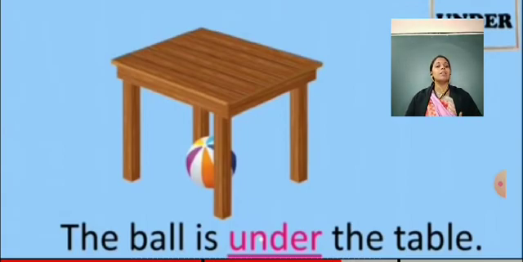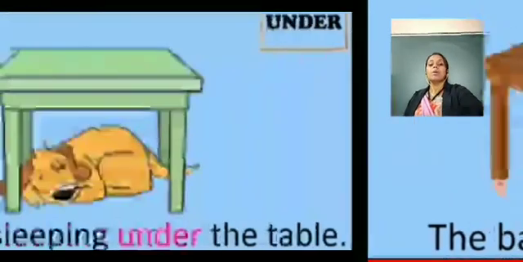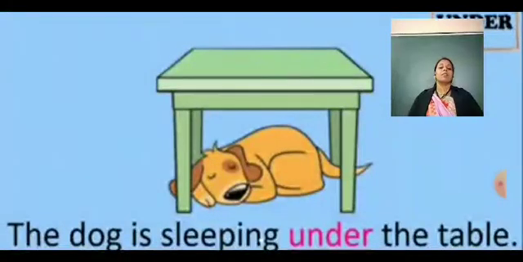The ball is under the table. Okay, so here the preposition under is used. Now you can see that there is a pet and that is the dog. Okay, so where is the dog sleeping? The dog is sleeping under the table.